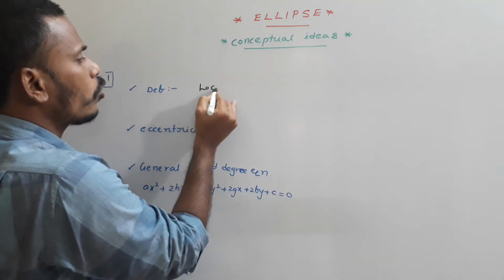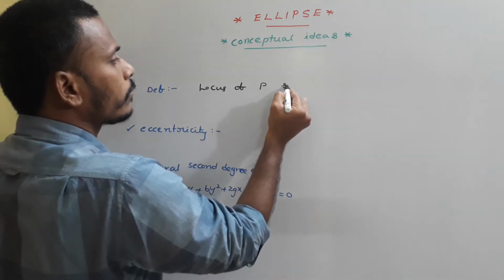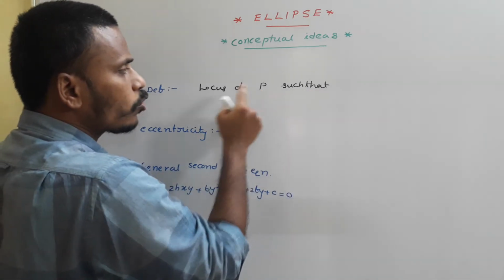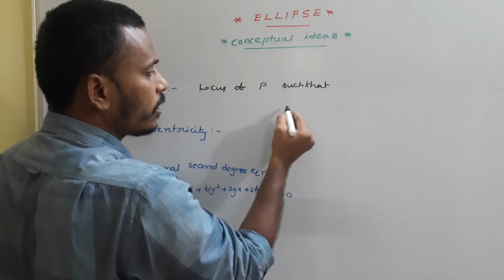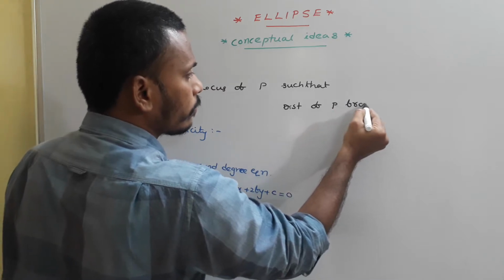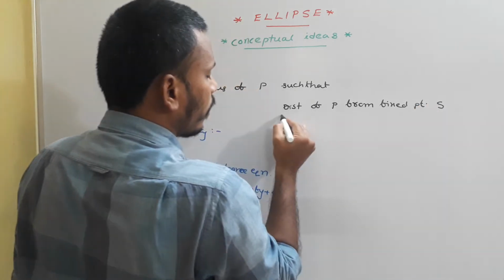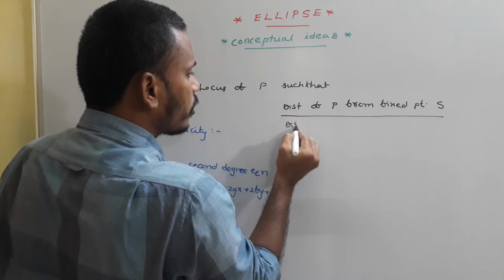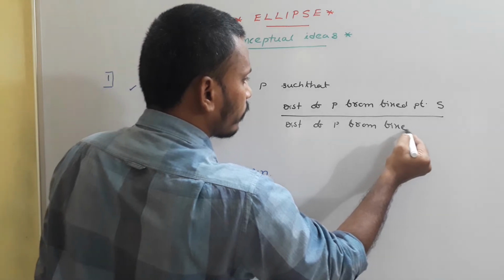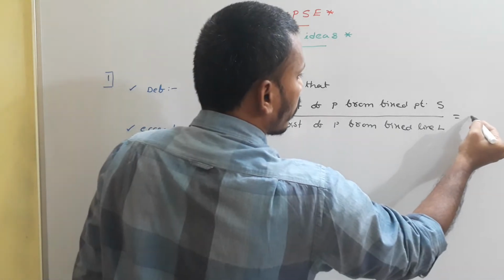The definition of an ellipse is also the locus of a point P such that the distance of P from a fixed point S, divided by the distance of P from a fixed line L, is always less than 1.